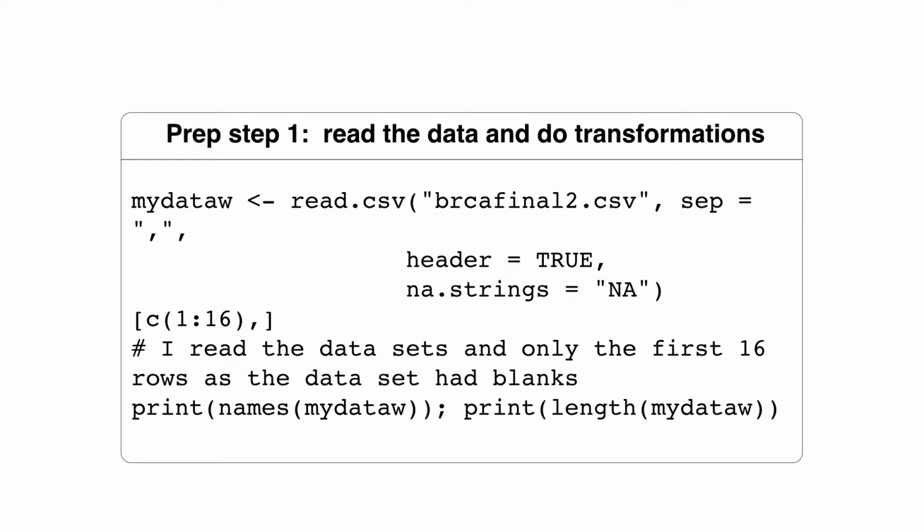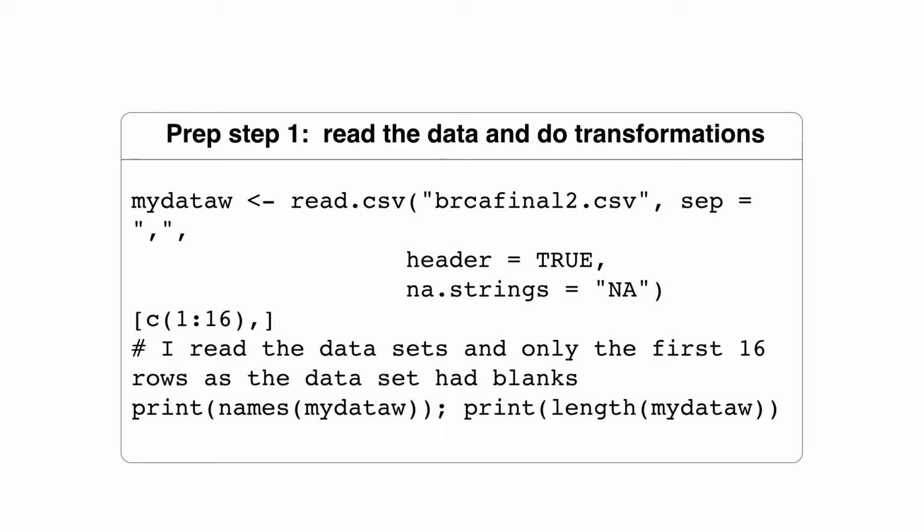In doing the transformations, we have my data W, and we have taken in the brca final2.csv, using a separator comma.